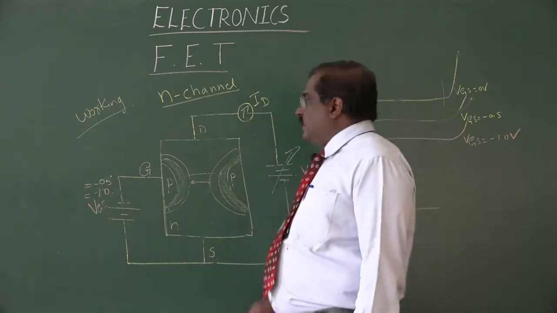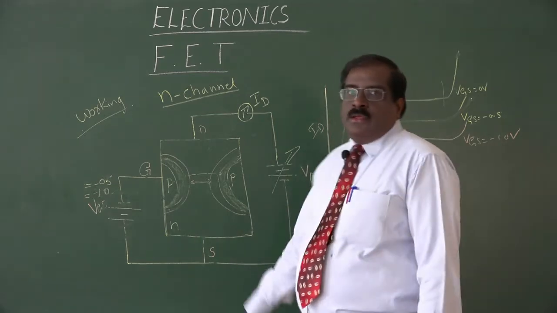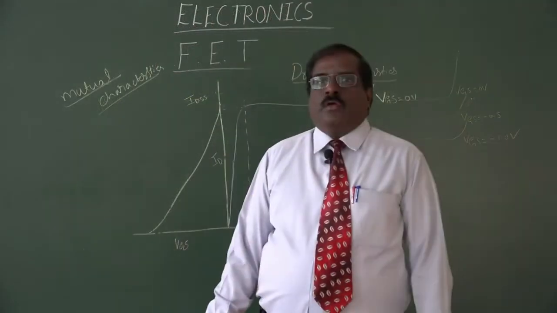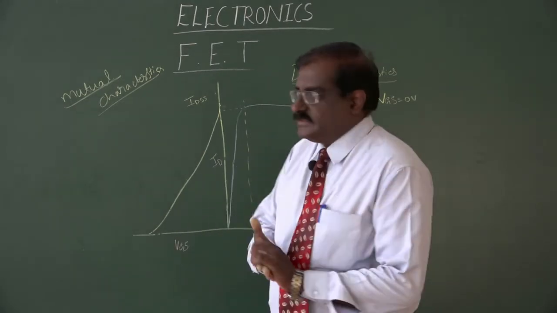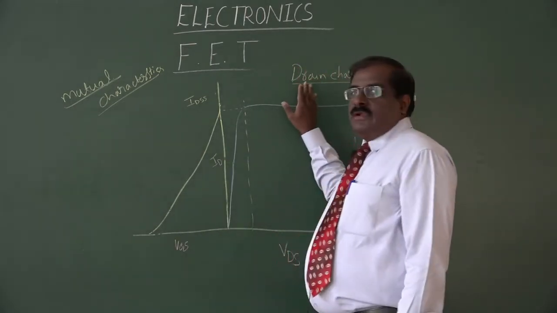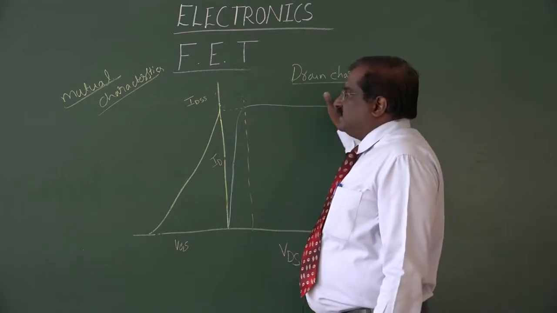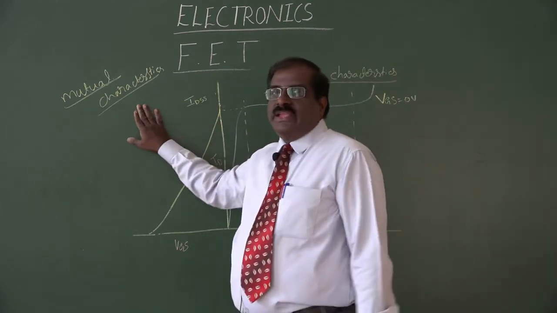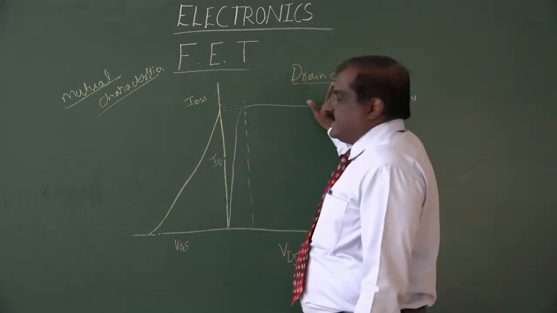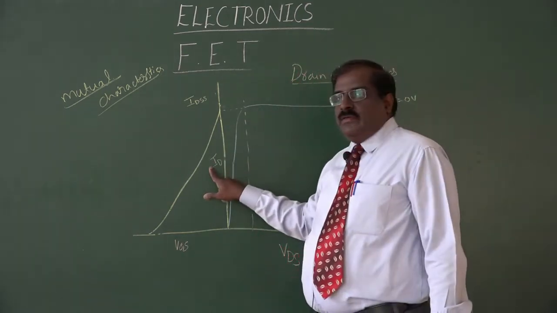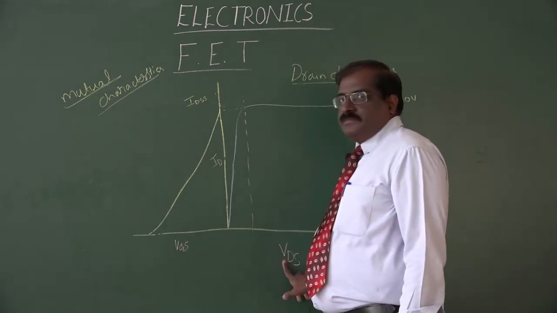Now we will study the characteristics of the FET. Now we are going to discuss the characteristics of field effect transistors. One is the drain current characteristics, another one is mutual characteristics. The drain current characteristics is ID versus VDS.